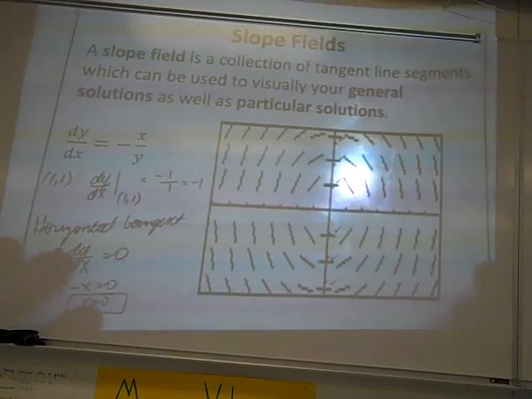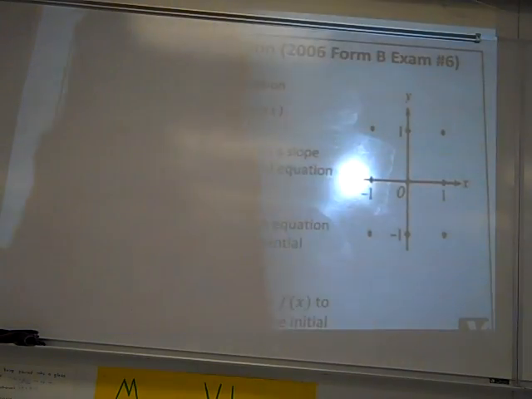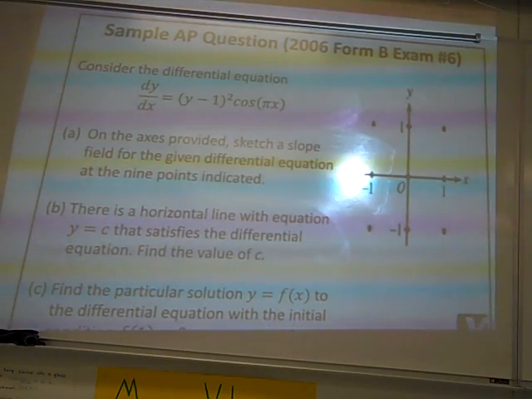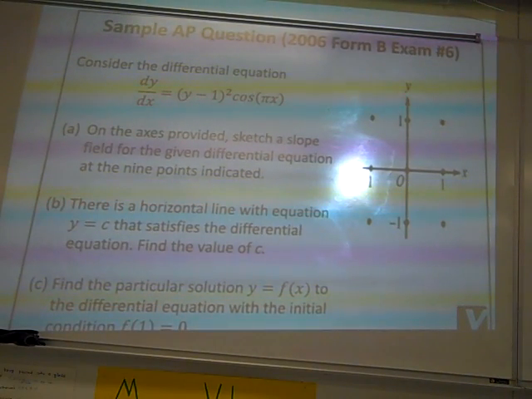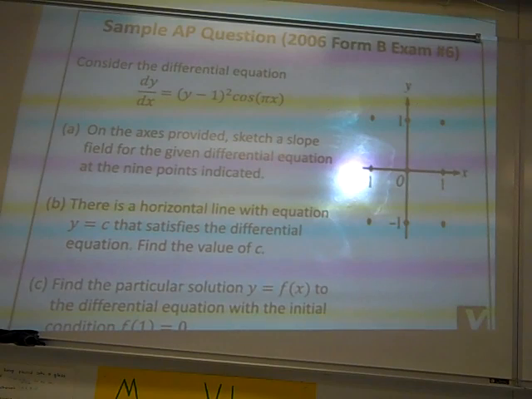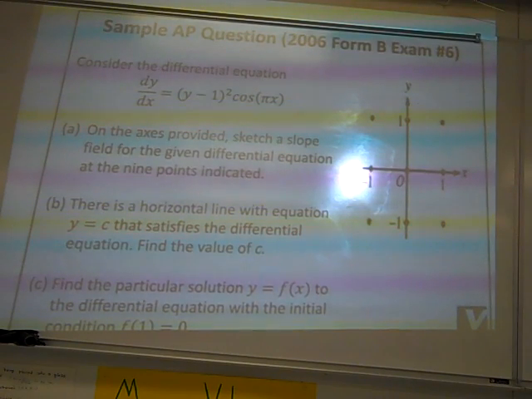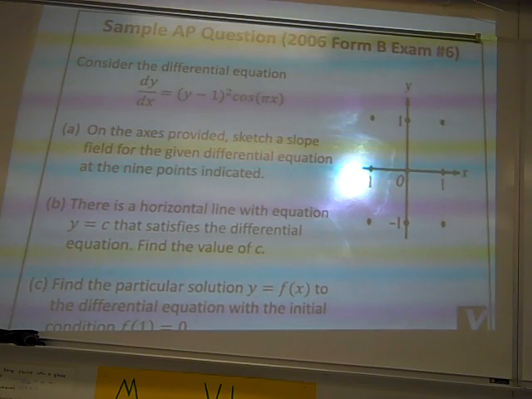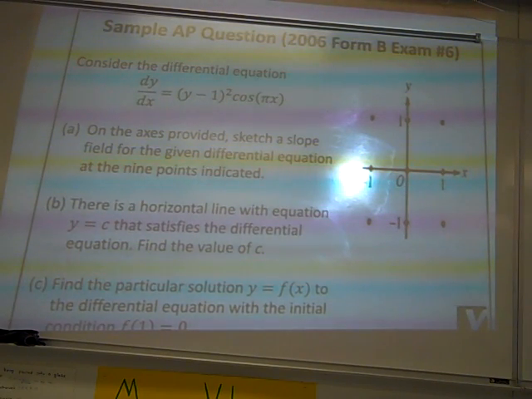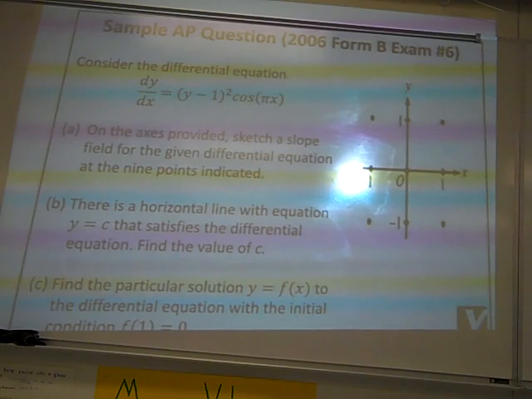All right, so that concludes this part of the video. What we're going to do next, I'm going to take a little water break. We're going to look at a problem involving slope fields and differential equations as it appeared on the 2006 AP Calculus exam.